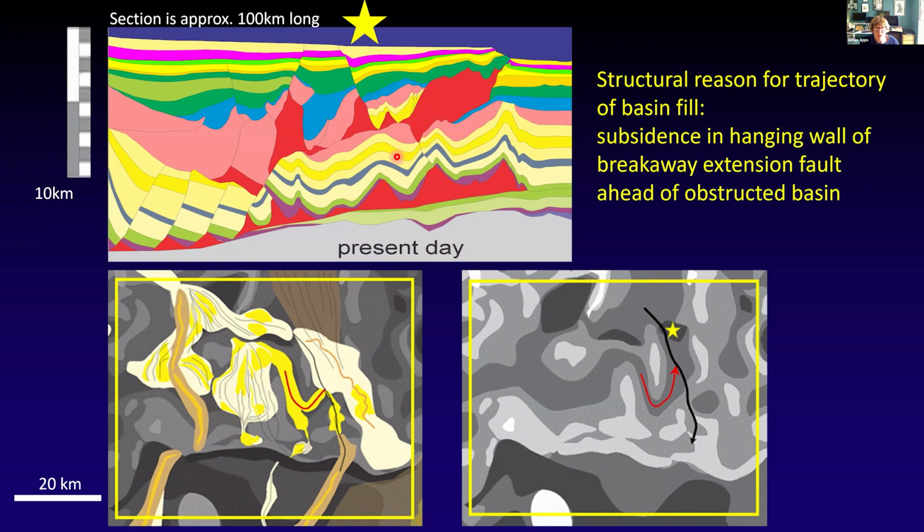The subsidence in the hanging wall of this breakaway extensional fault is at the head of an obstructed mini-basin and actually creates an area of subsidence, we think, into which the flows are dragged into this broad syncline, which is here in the hanging wall of this extensional fault. So what's super interesting about this is that in order to understand why we get subsidence here, we have to understand this whole structural section.